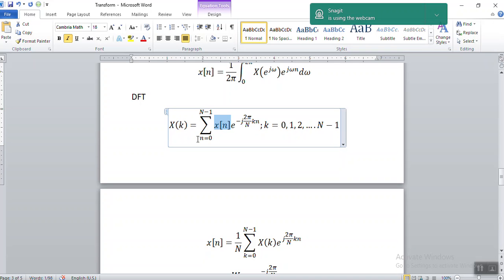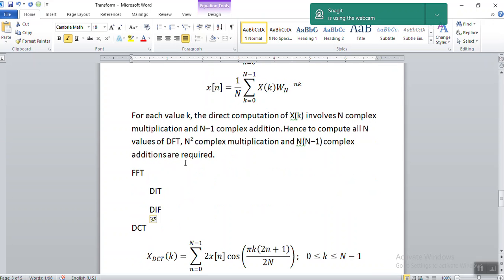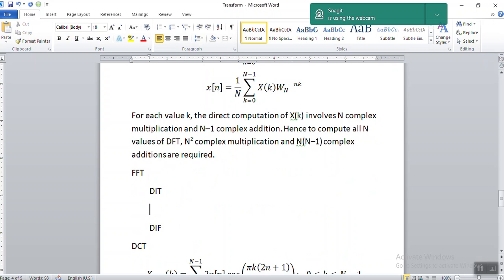In terms of even and odd numbered component samples of x of n. It is something like this. Say for example, x of n is equal to 1, 2, 5, 7, 8, 9, 5, 4. Suppose these 8 samples.